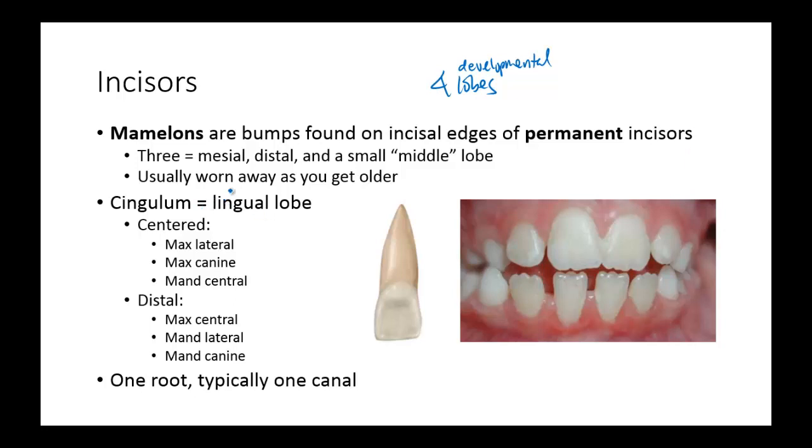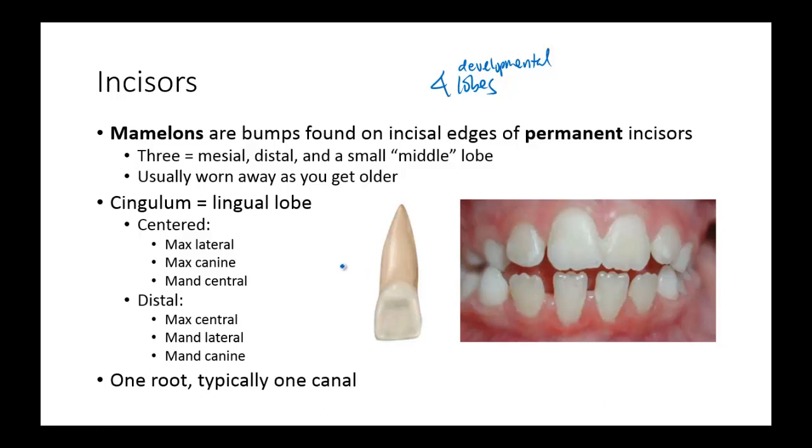So the cingulum is going to be your 4th developmental lobe. So the mamelons represent 3, and the cingulum is your 4th one. And what the cingulum is, is just this little bulge right here in the back when you look at your tooth lingually, and it's just where the mesial marginal ridge and the distal marginal ridge are going to join.